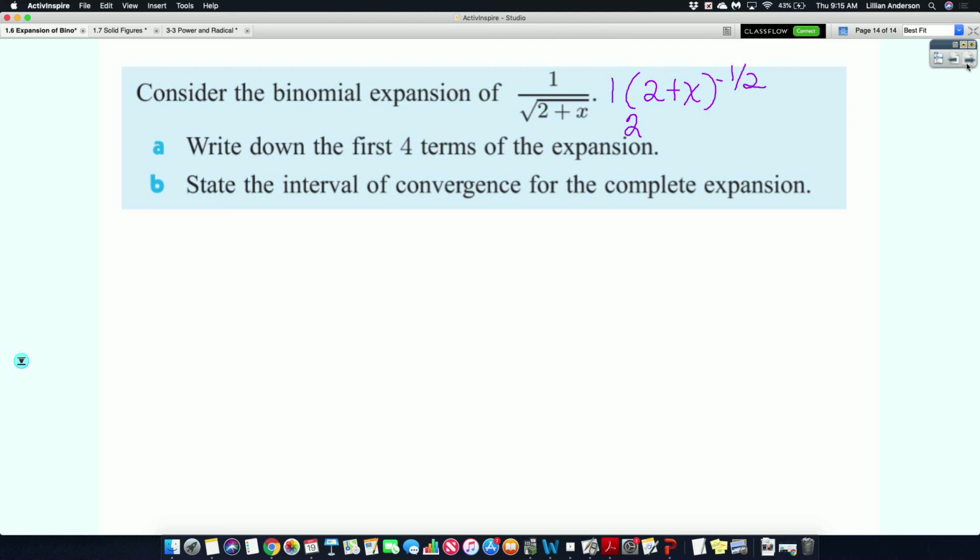So it should be a to the n power times 1 plus what? What would be here? What's b over a going to be? Well, technically it's 1 over 2x, but that's fine. To the negative half power.